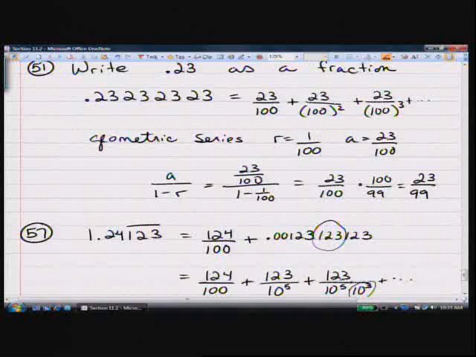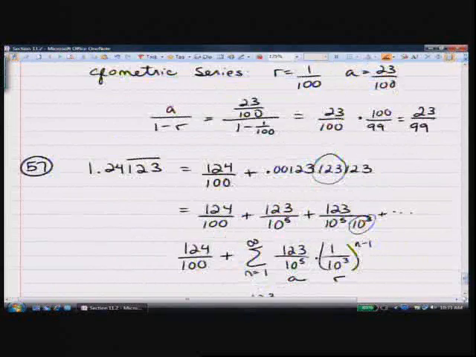However many repeating decimals there are, that's the exponent for the power of 10. So it's 10 squared, whereas this one was 10 cubed.